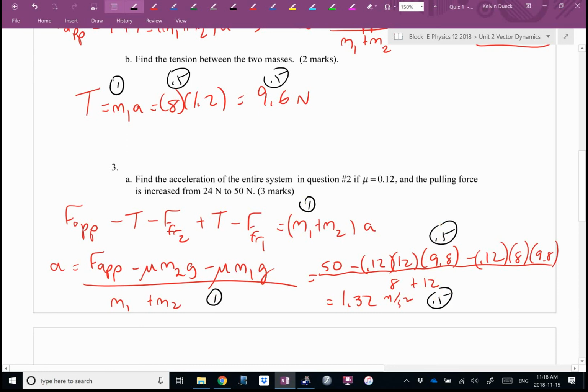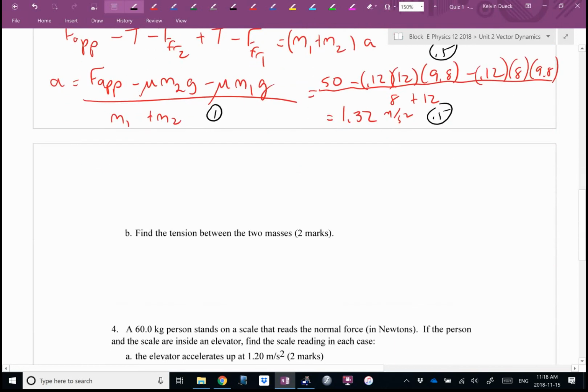Find tension. Again, I used mass 1 because for mass 1, tension minus friction equals M1A. I think that's the easiest one to go with. Tension equals M1A plus friction.